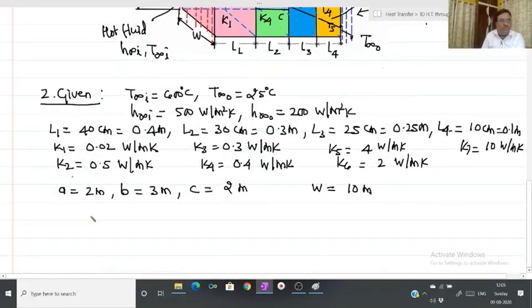Now the height of the slab will be the summation of A plus B plus C, which is 2 plus 3 plus 2, equal to 7 meter.